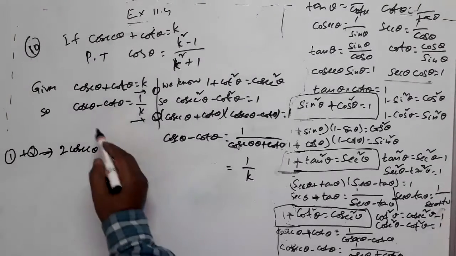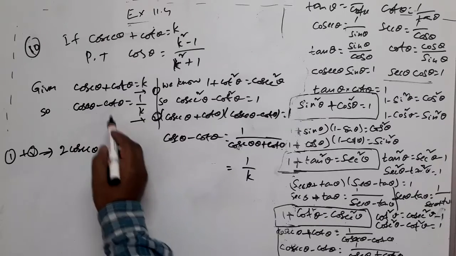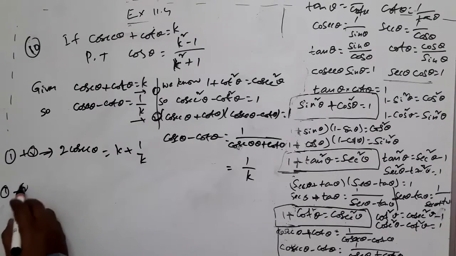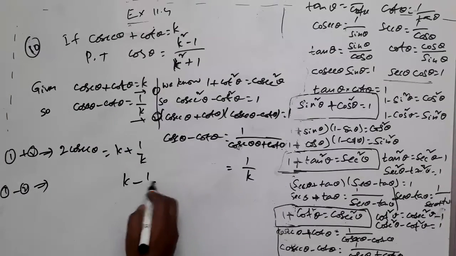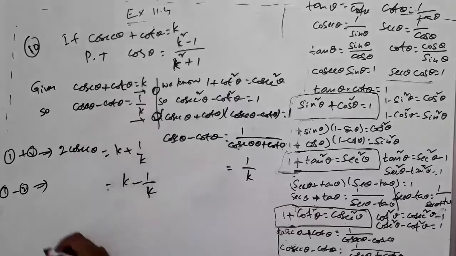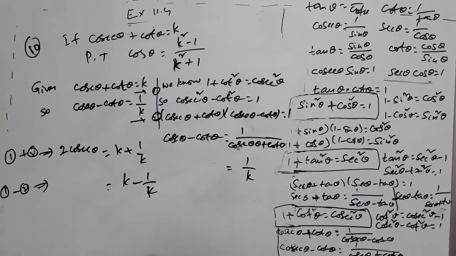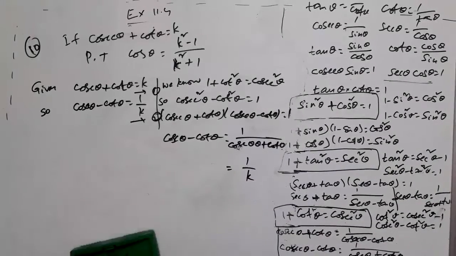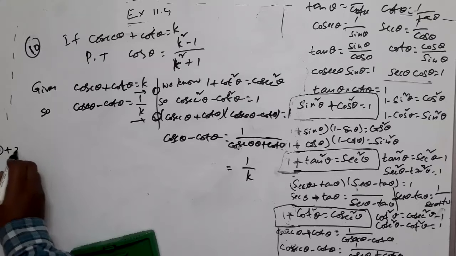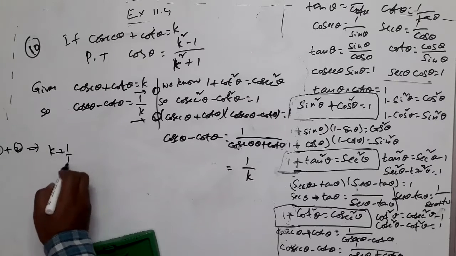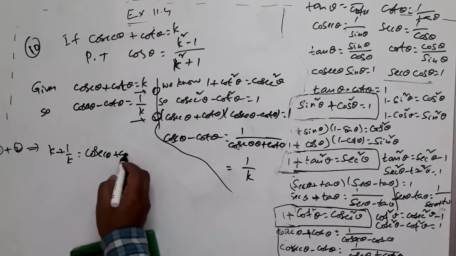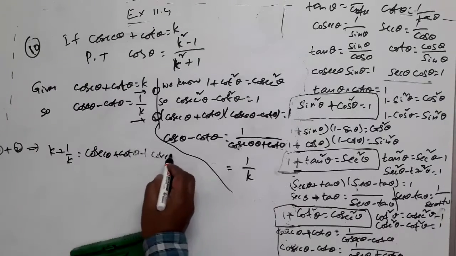So 1 plus 2 implies k plus 1 by k is equal to cosecant theta plus cot theta plus cosecant theta minus cot theta.